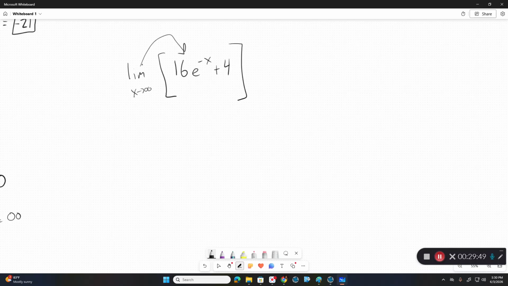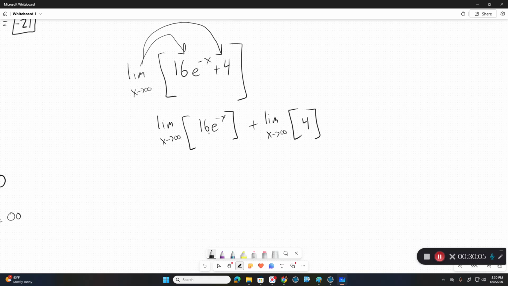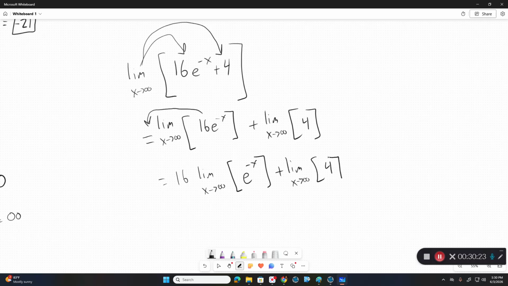Well, once again, we like this idea of distributing out our limit sign. We can pull out a constant, 16, the limit as x approaches infinity of e to the negative x, plus the limit as x approaches infinity of 4. Now, this term, that term equals 4.